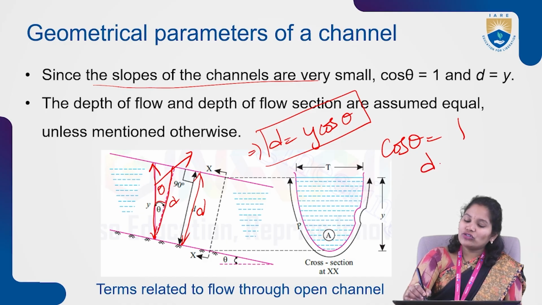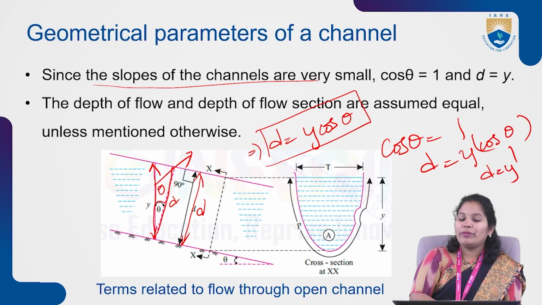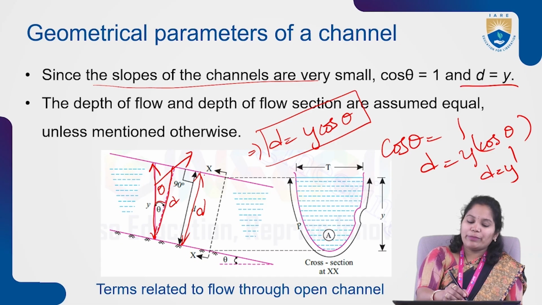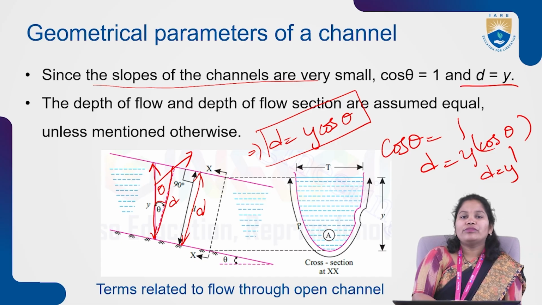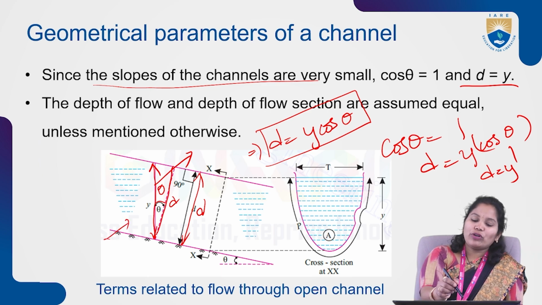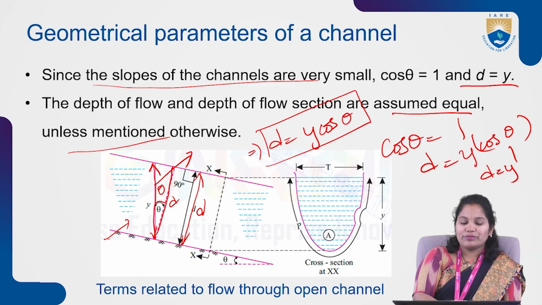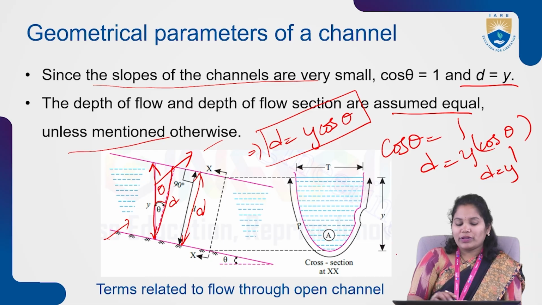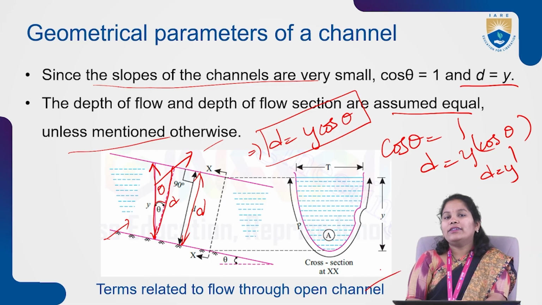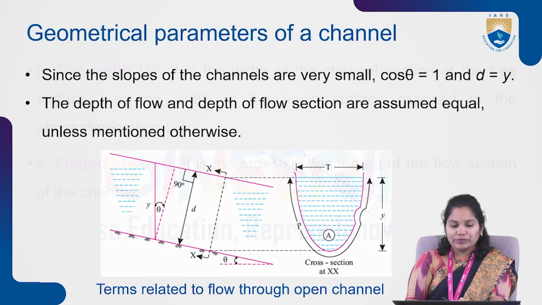Then what happens to D? In Y cos theta, in place of cos theta you put 1, so D becomes Y. The depth of flow section and the depth of flow both become equal. The depth of flow and depth of flow section are assumed equal unless mentioned otherwise.